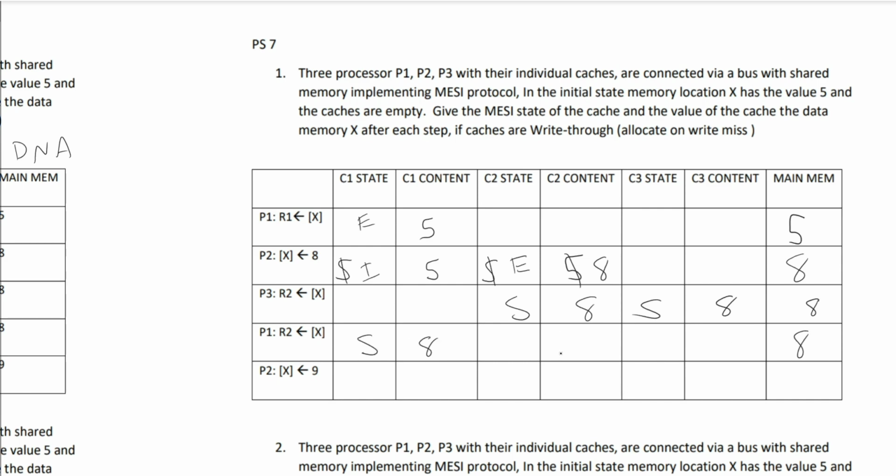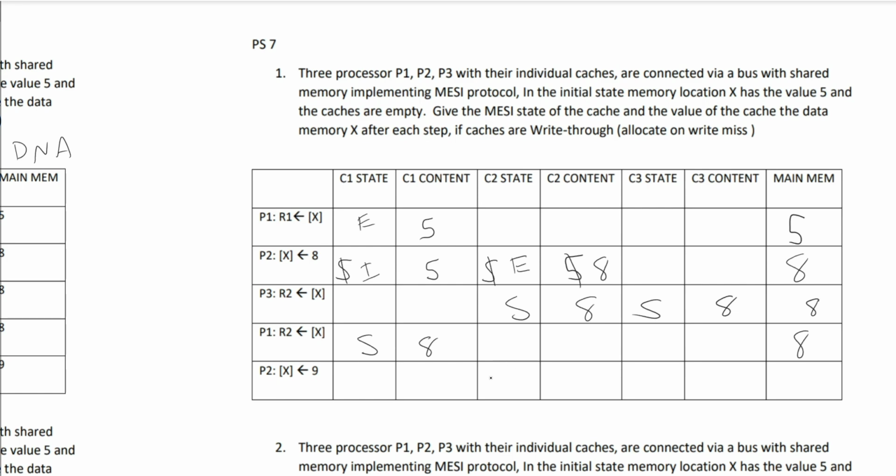And now processor 2 tries to write. Okay, so now this time it is in the cache, so it's write through. So update the cache and update the main memory.